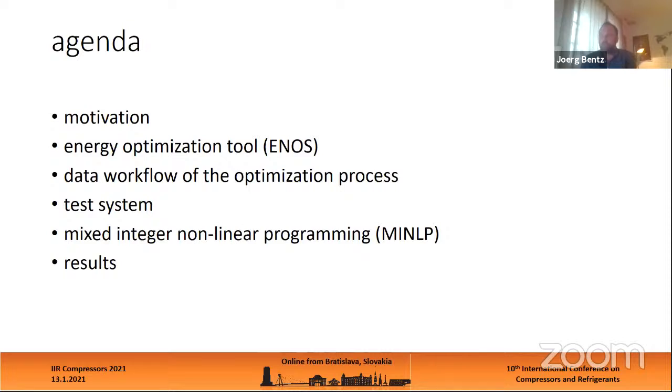Then I would like to show you the test system where we are doing the validation for this software. Again, I would like to go into more detail on the mixed integer nonlinear programming, the optimization algorithm we are using. And last but not least, I would like to show you some results of what is actually possible while performing this optimization.